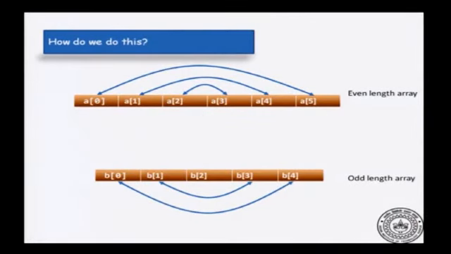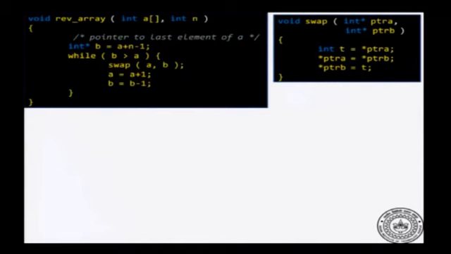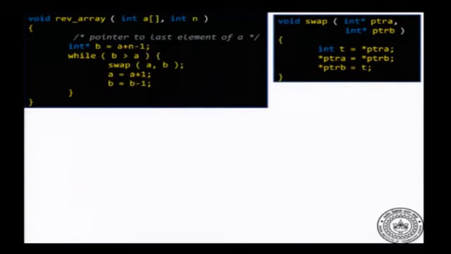Let us try to code this up. Okay, so how is the reverse array written? Remember how we did this by hand. We exchanged the 0th location with the last location, then we exchanged the first location with the second last location, and so on.